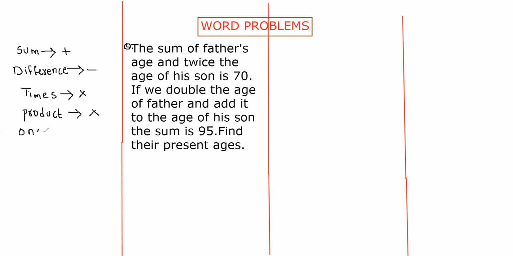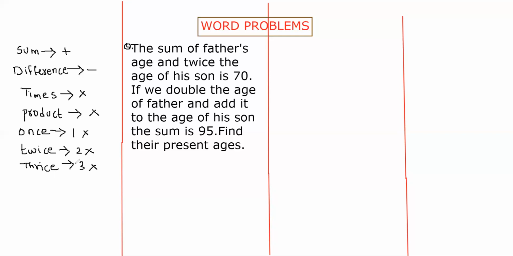We have words such as once, which we represent as 1 into, and twice, which is 2 into. Thrice means 3 into, and once means 1 into.